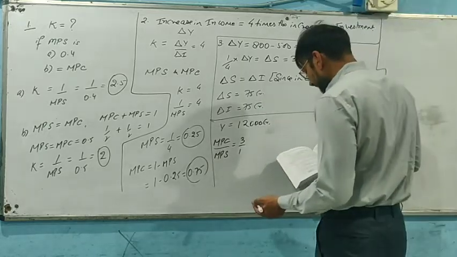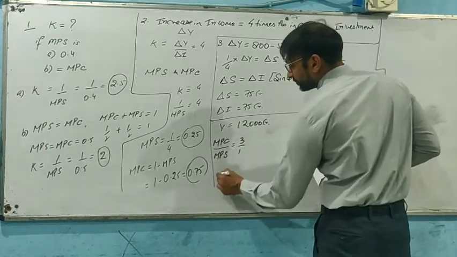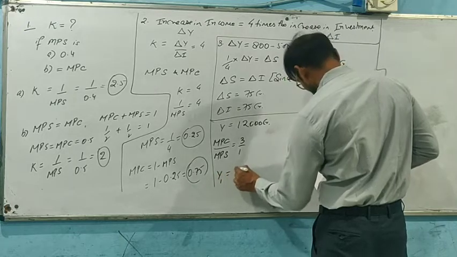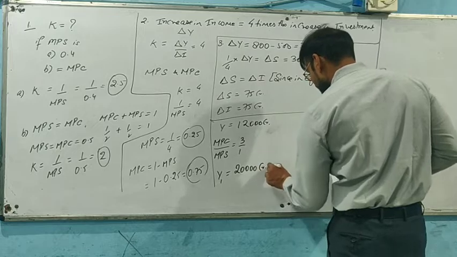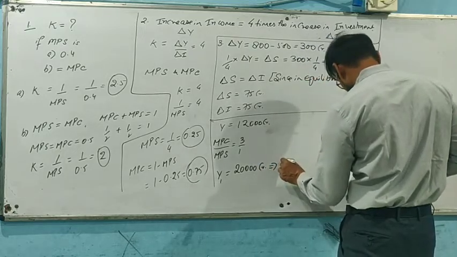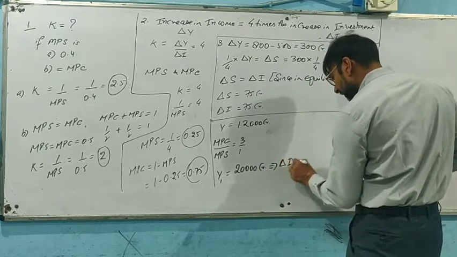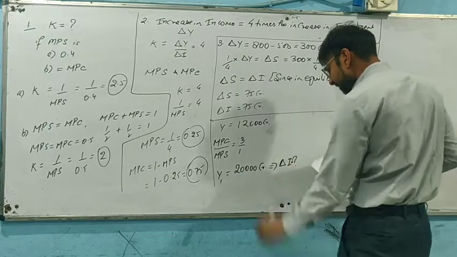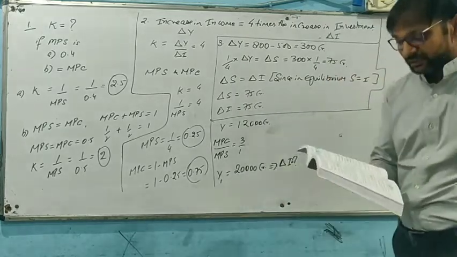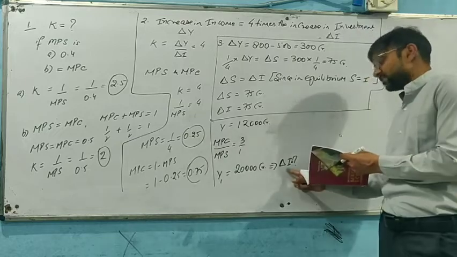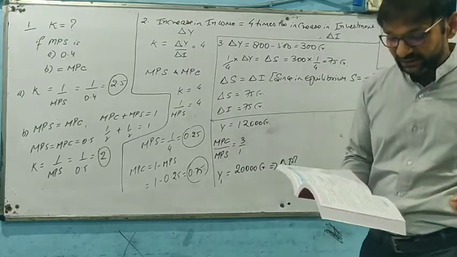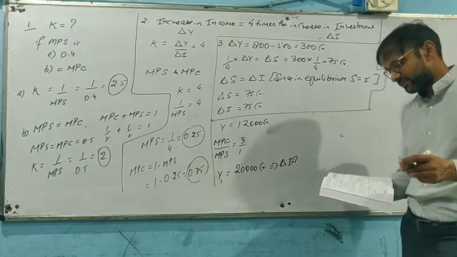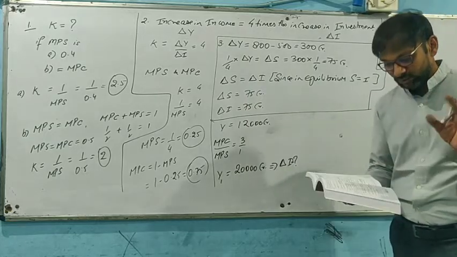We need to find out delta I. I repeat once again the question: calculate the additional investment, that is delta I, needed to reach a new equilibrium level of income of rupees 20,000.